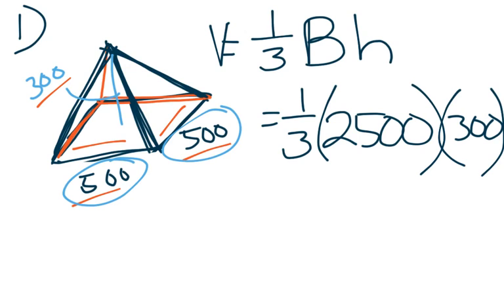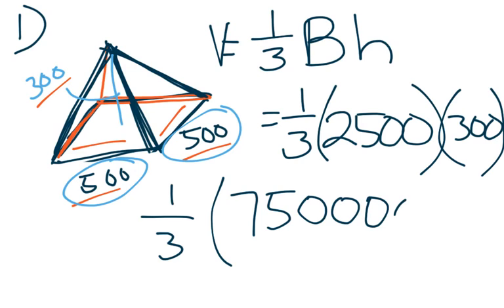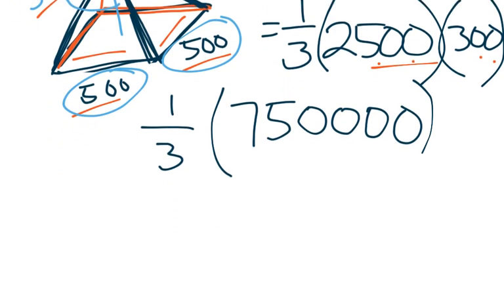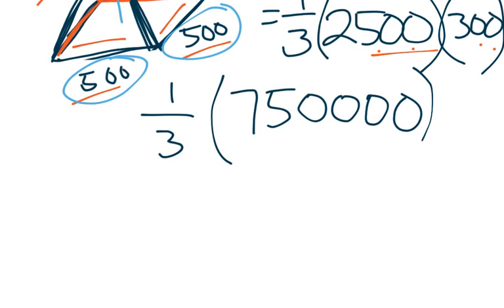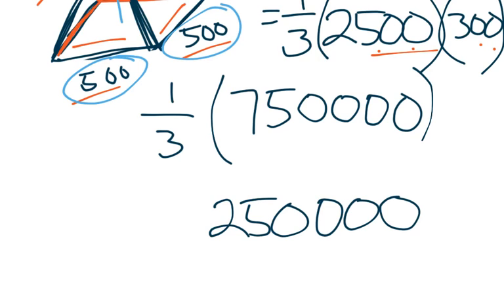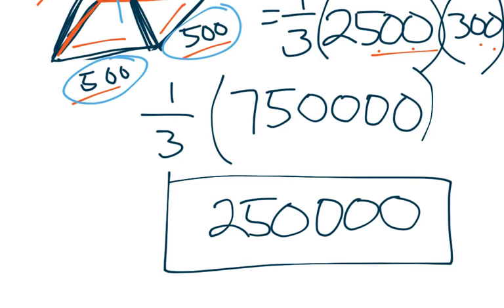So now we are going to do 1/3 times 250,000 times 300, which is 75,000,000, and you know it will have 7 zeros. And then we're going to divide this by 3. So 75 divided by 3 is 25, and we keep all the zeros. So the volume of the pyramid is 25,000,000 cubic yards.